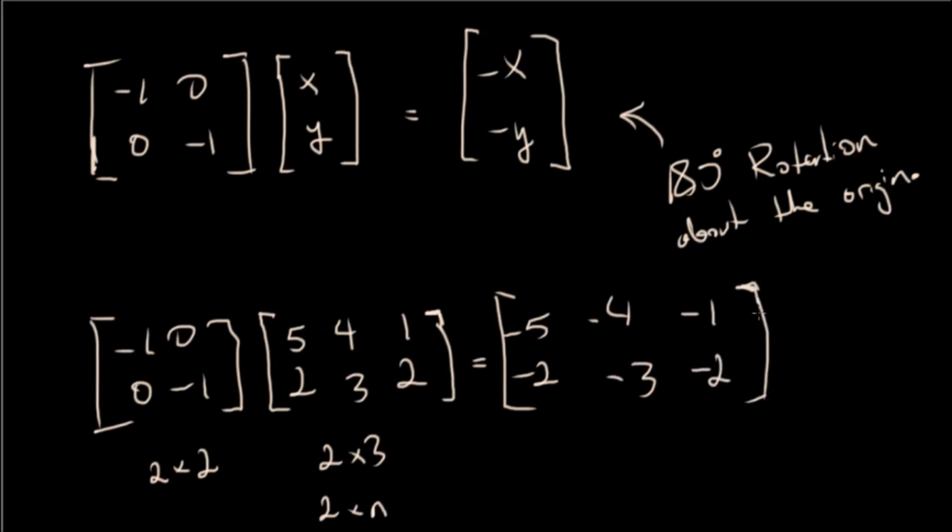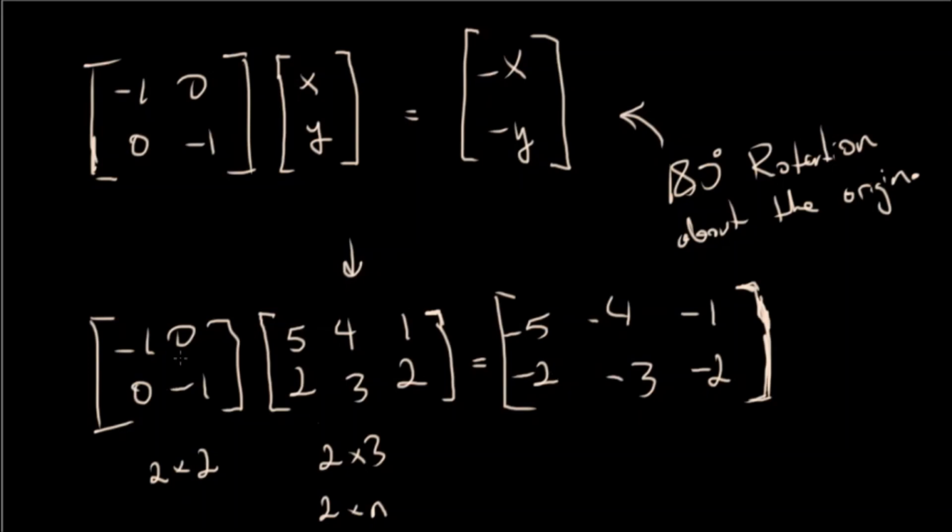All right? So we can take in multiple vectors at once and output a set of multiple vectors. That's really cool, because what if I want to do this with 1,000 vectors, which is often the case? I can use this to rotate a collection of vectors all at once.